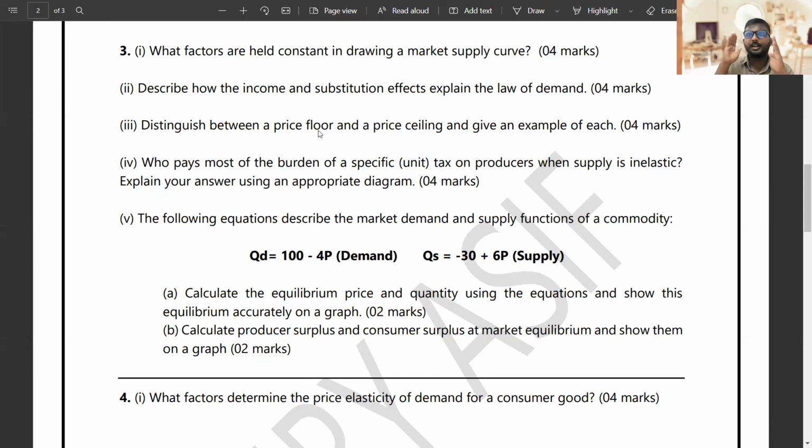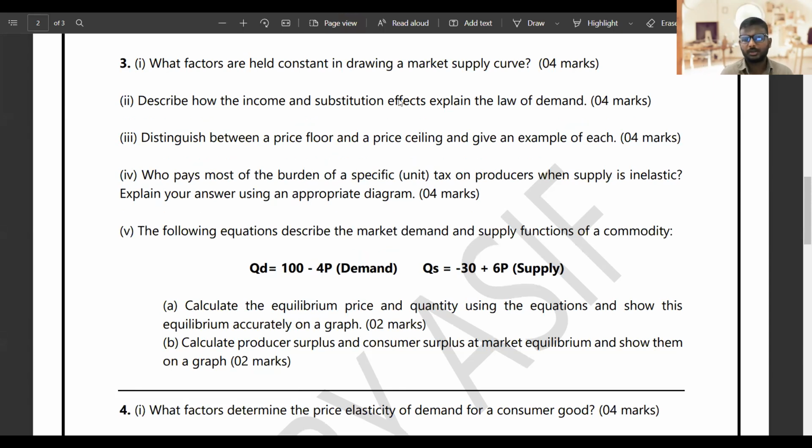All of these are pretty much the crux of chapter 3. This is what you see, the price control, tax incidence. These are the parts which are kind of hard also from this chapter. And if you can easily find answers for a question like the 4th one and write that down yourself, then it's awesome. You can do any question, right?